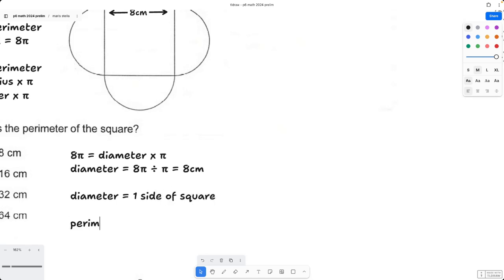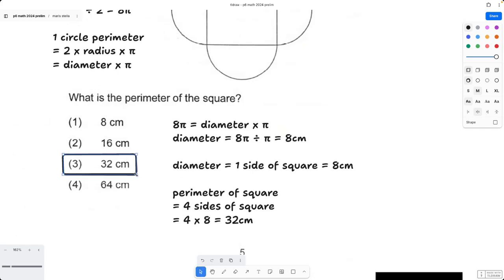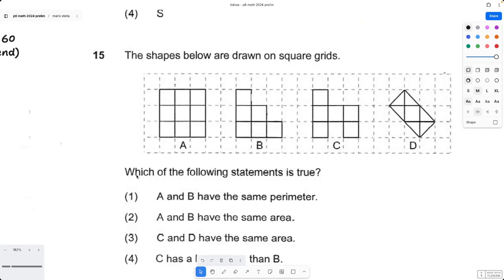So parameter of square is equal to 4 sides of square, which is equal to 4 times 8, equal to 32 centimeters. Okay, there you go. So that is the answer, 32 centimeters. Option number 3. Let's move on to the next question.